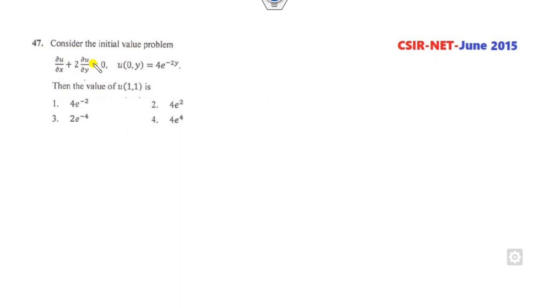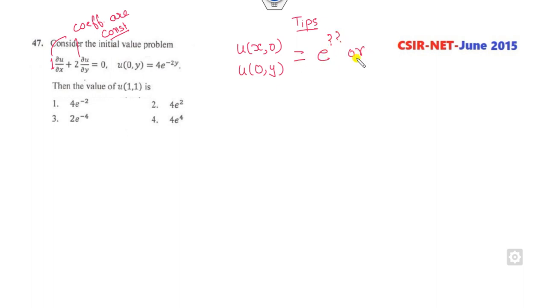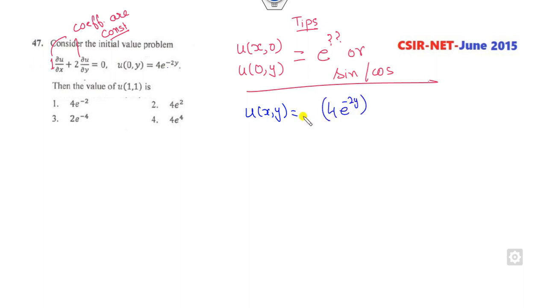Now there is another tip for you. You can see whenever the coefficients are constant and the initial condition, either in x comma 0 or 0 comma y, is in the form of an exponential or in terms of sine or cosine, then you can directly write the solution in this form. Whatever solution is given to you in terms of y, you can write another solution as phi of x.